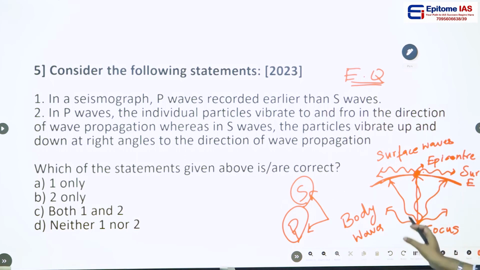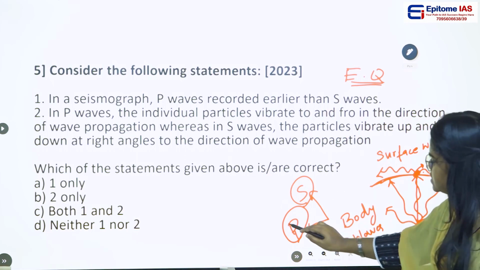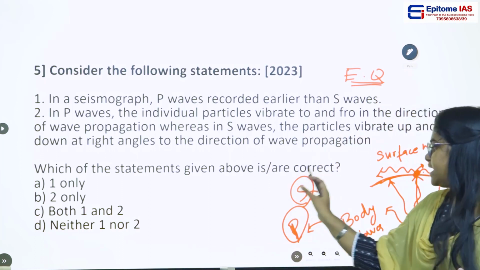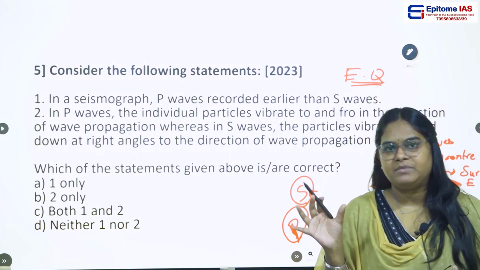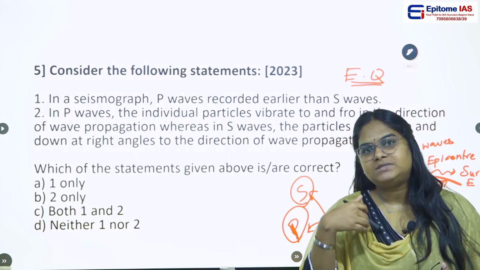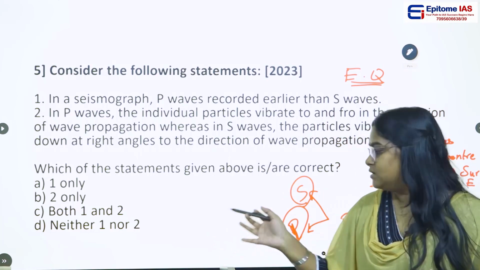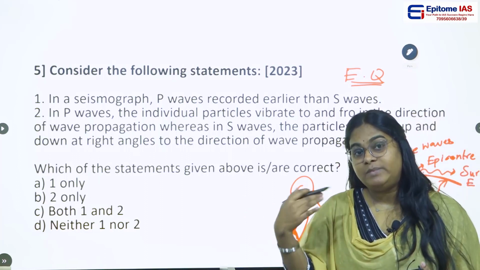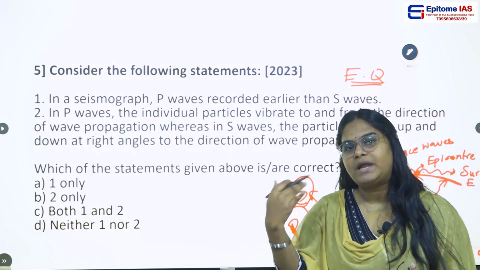So the question is about the P waves and the S waves. In detail, these P waves travel much faster than the secondary waves, because they are called primary waves. They pass much faster than the secondary waves, and secondary waves will be somewhat slower than the primary waves.